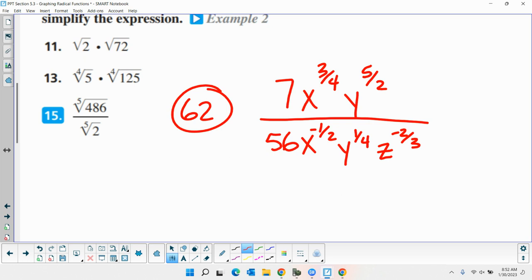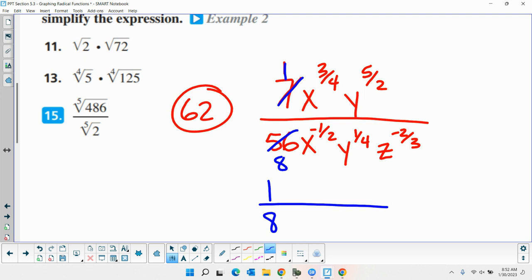All right, so I'm going to take care of the 7 and the 56 first. 7 goes into 7 one time, and 7 goes into 56 8 times. So I would just do this. Looking at the x's, what's bigger, 3/4 or negative 1/2? 3/4, the positive is always bigger than the negative, right?